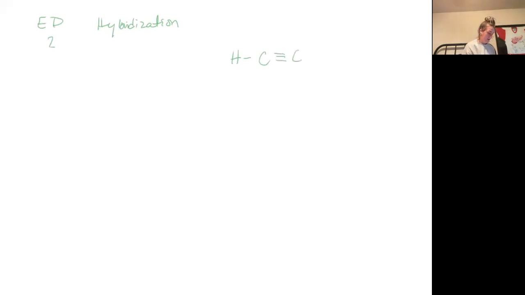If we're looking at this carbon 1 here, how many electron domains do we have? Good. So you have 2 electron domains for carbon 1 here. This is your first electron domain. This is your second electron domain. So does anyone know what the hybridization is for carbon 1? Good. It's going to be sp.